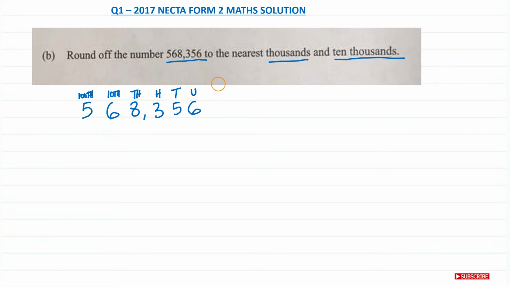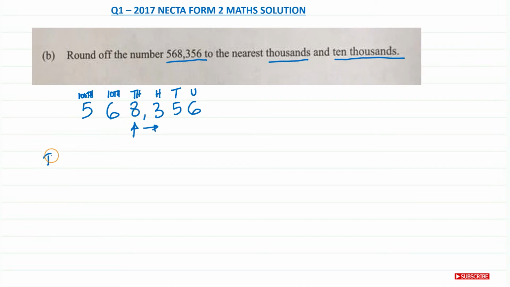For the first one, the 1,000, we want to round the 8. Before we can round this number, we need to look at the next number. Is it 5 or more? It is 3, which is less than 5. So if I want to round to the nearest 1,000, I have to keep 8 as it is.